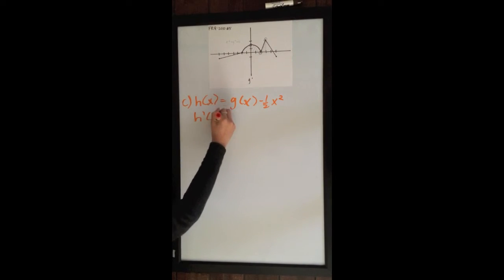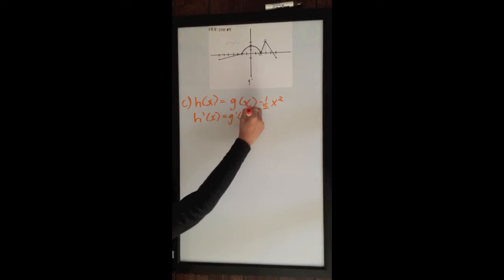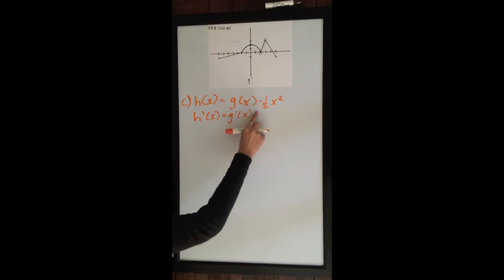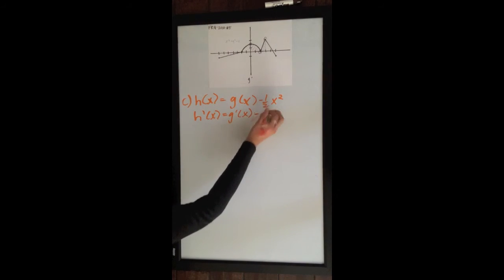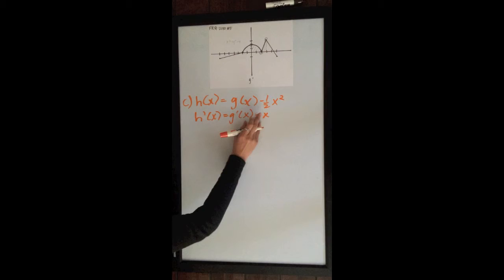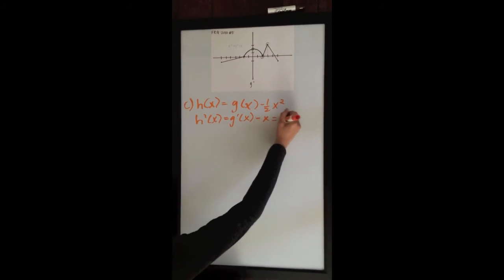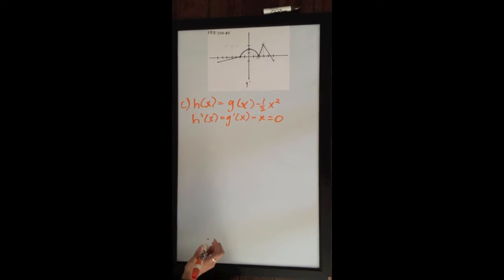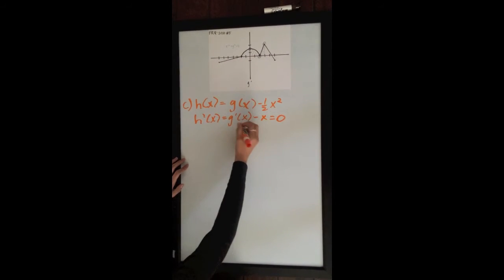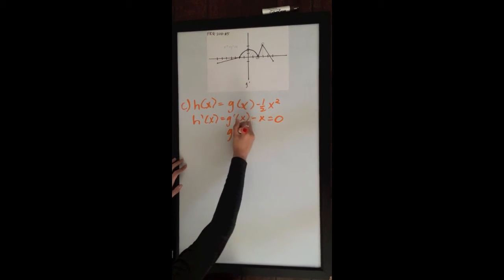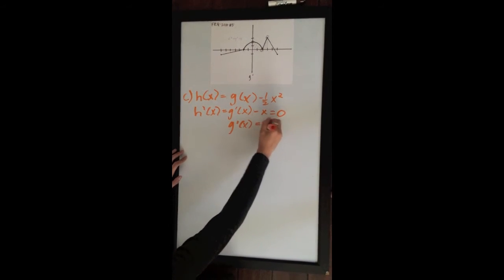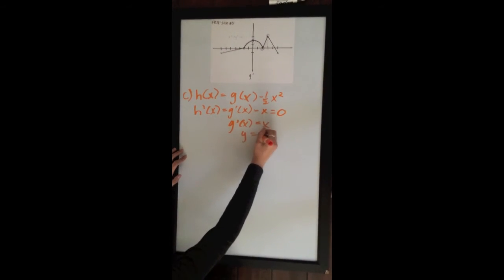So you get g prime of x minus x. And you would set that equal to 0, because that's what a critical point is. And you would get g prime of x equals x, which is basically y equals x.